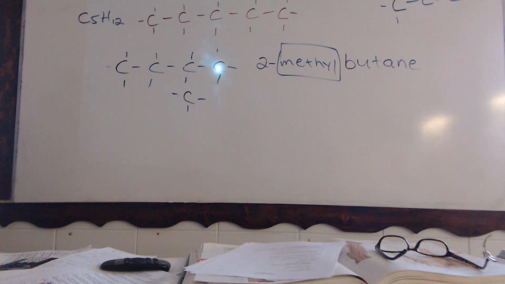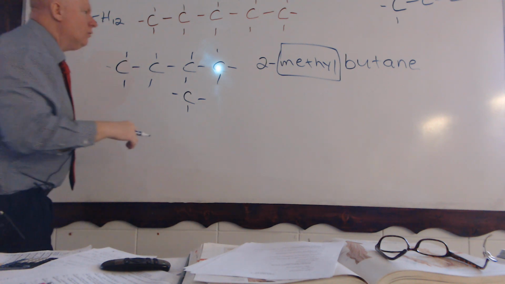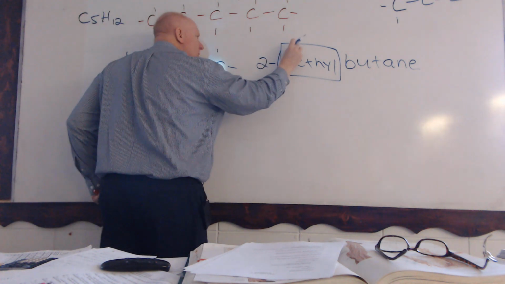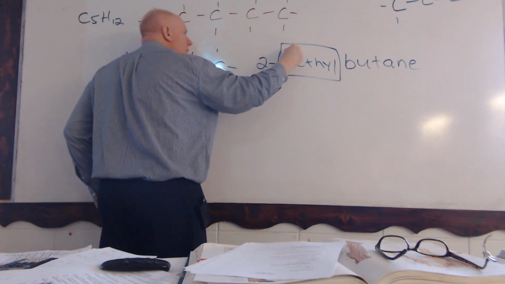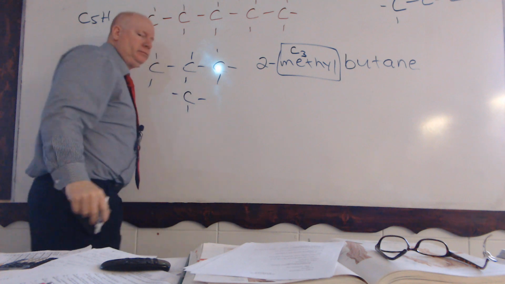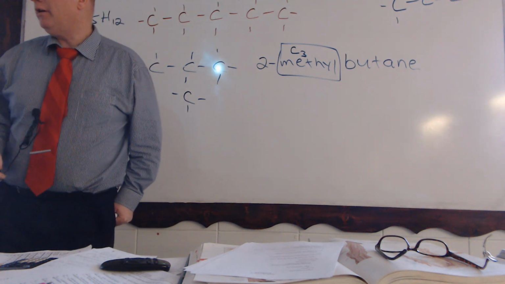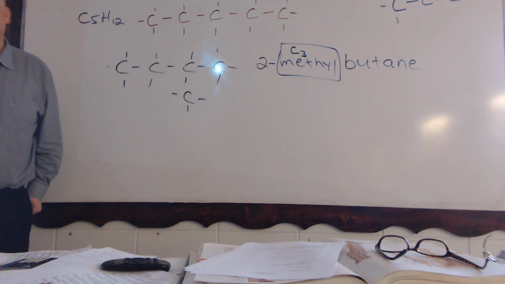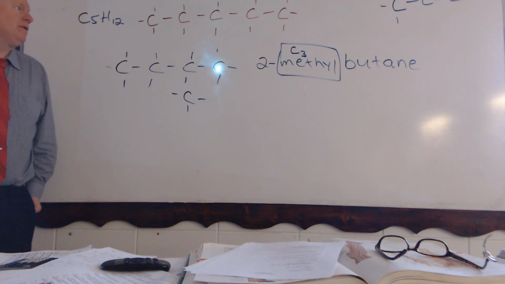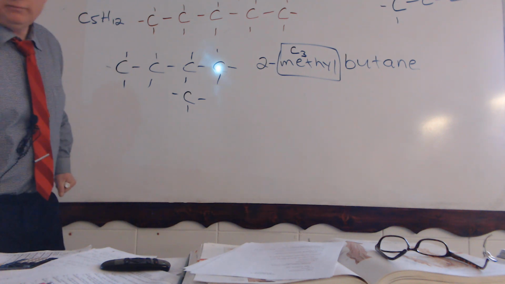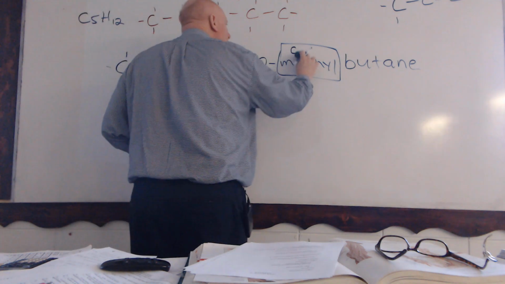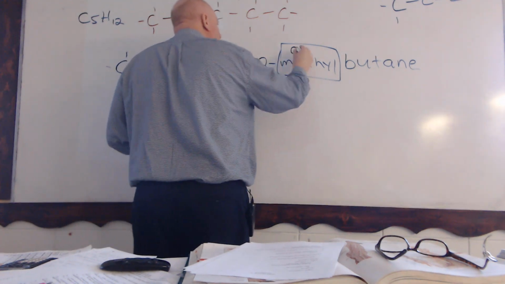Okay, so what can we put inside this box for a structural formula for a methyl group? I just wrote down what you told me. C2? No. C4? No. Tom said C4.